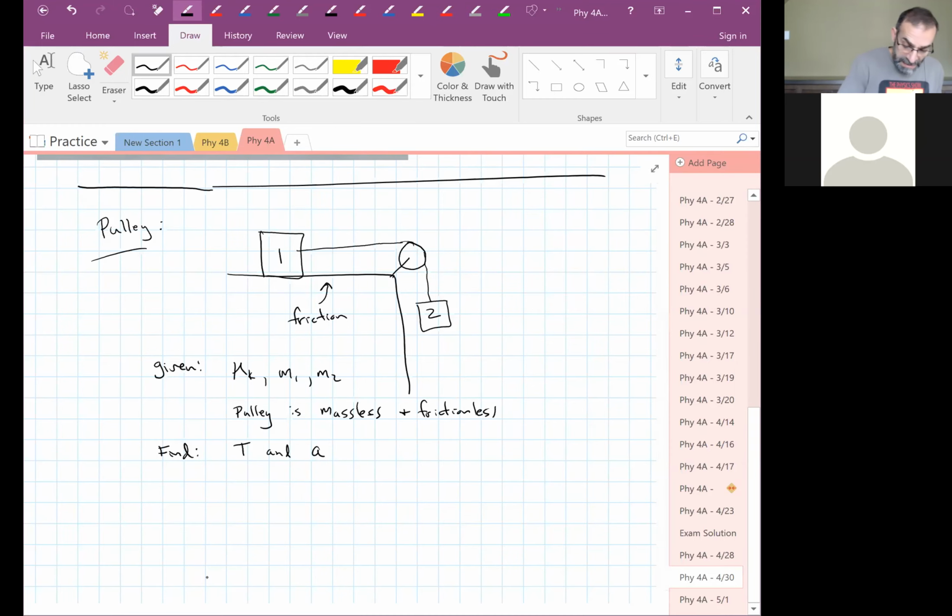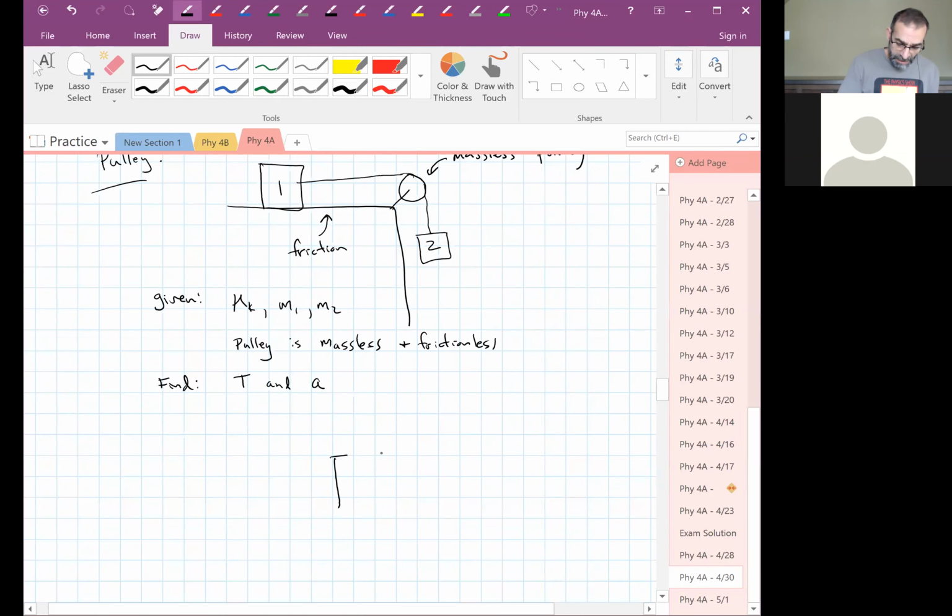Okay, so massless pulley, what does that mean? That means that it doesn't take any difference in tension between the 2 ropes to cause that pulley to accelerate with the masses as they move. If the pulley had mass, then it takes some, well, let's think of it this way.